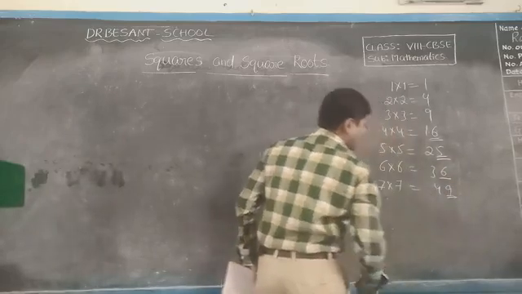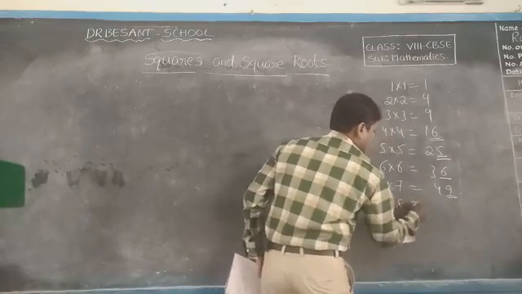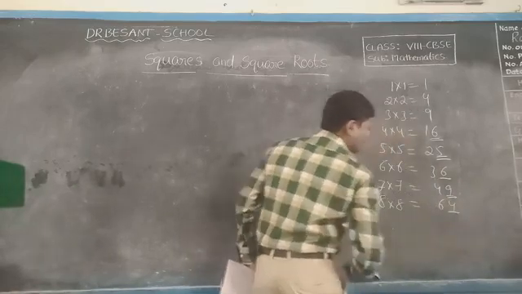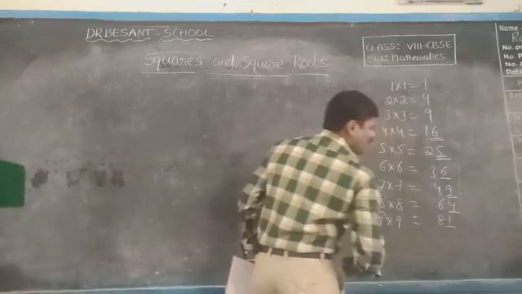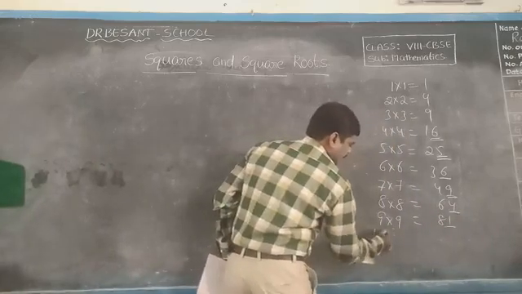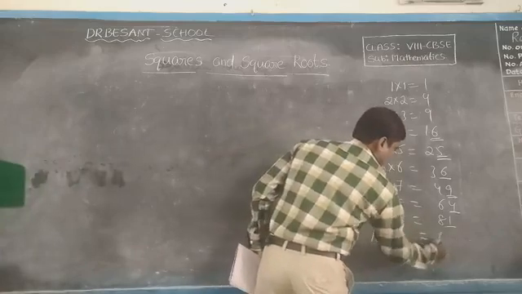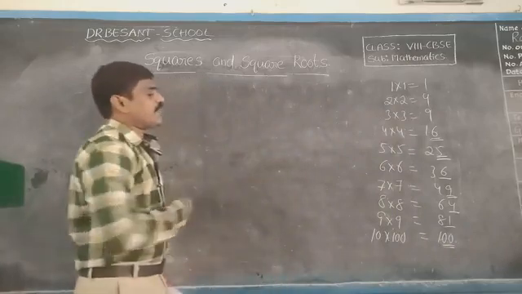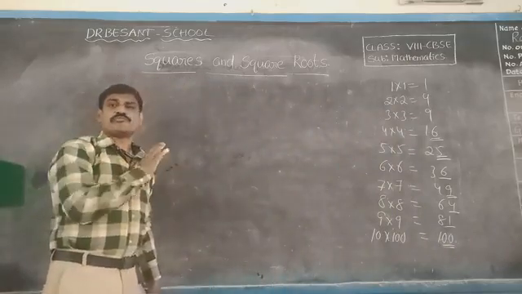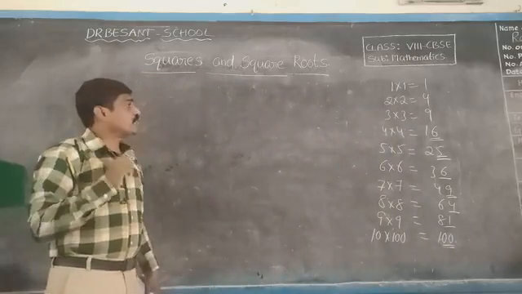What is the digit in units place? 9. 8 eights are 64. What is the digit in units place? 4. 9 nines are 81. What is the digit in units place? 1. 10 tens are 100. Observe, it is having 2 zeros. So from this I will say a few things.